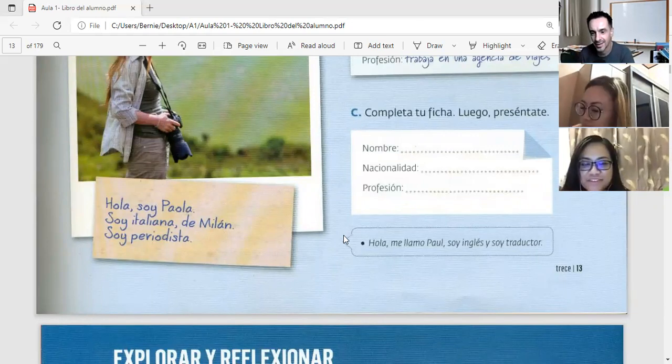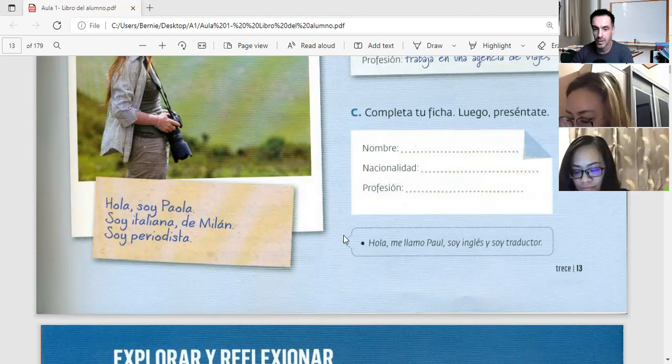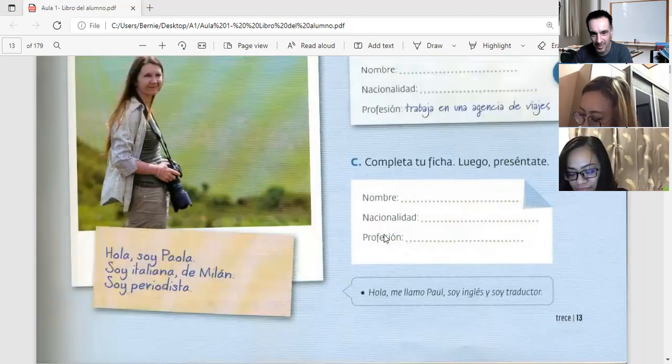You give us time to fill. Yes, take your time. It's not to rush. It's to learn. Nombre means what? Number? Name. Correcto. It sounds like number also. Number is número. Nombre is name. Número is number.